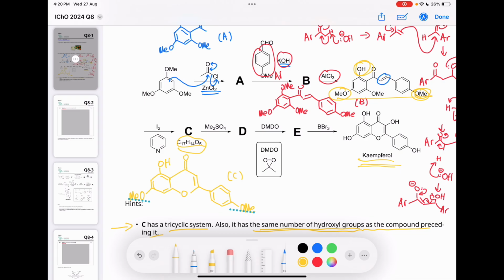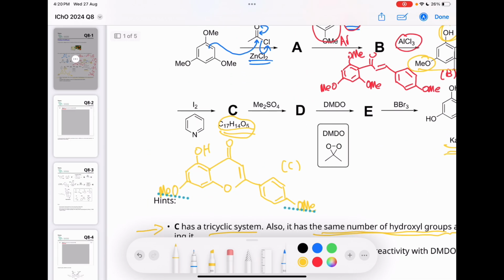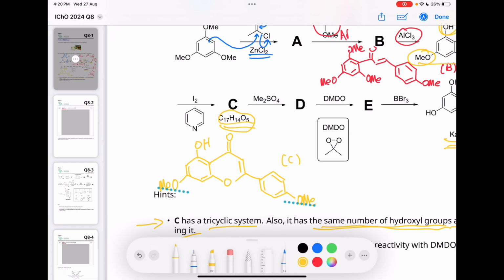To verify it, we can check the double bond equivalence in structure C. How you check the number of double bonds or rings present in a structure is that you multiply the number of carbons by 2, then you add another 2, then you subtract the total number of hydrogen and halogen atoms, and you divide it by 2.